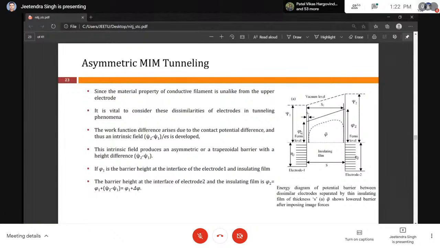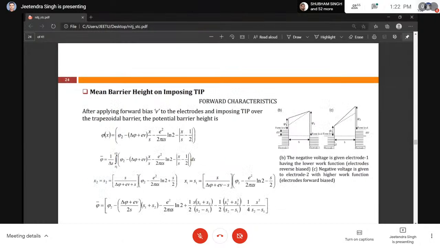So if the height of the barrier on one side is phi 1, then the height of the barrier on this side is equal to phi 1 plus psi 2 minus psi 1, that is, the work function difference: phi 1 plus delta phi. So you can also model the mean barrier height by considering the trapezoidal barrier, but you need to model it differently for forward and reverse bias.